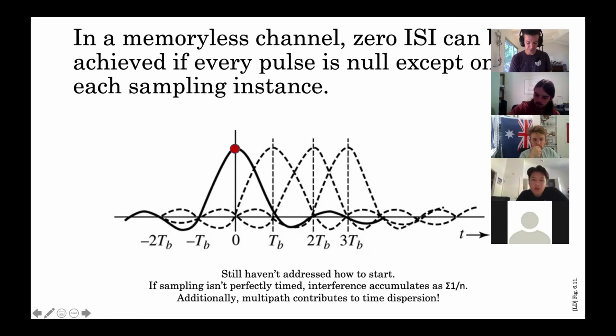If we were to transmit this sequence of sincs and then sample at 0, at TB, at 2 TB, then we're actually only sampling one of our bits, even though each bit lives in the channel forever and ever and always. But if we can sample them at these strict null points where only one sinc lobe is on, then technically we can achieve 0 intersymbol interference. You see that?